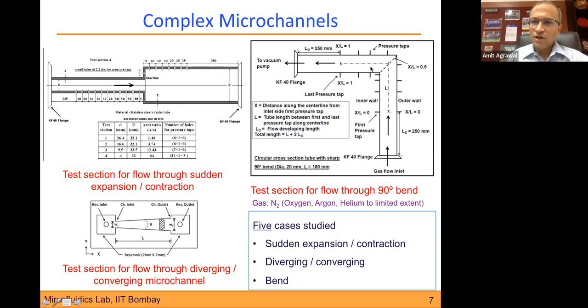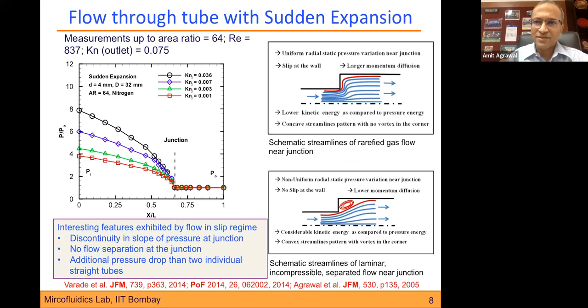So again, we had a lot of pressure measurements being done in these cases as well, and we analyzed the data. Now if you look at the data for a sudden expansion, this is how the pressure drops in the tube. The pressure has been normalized by the outlet pressure.